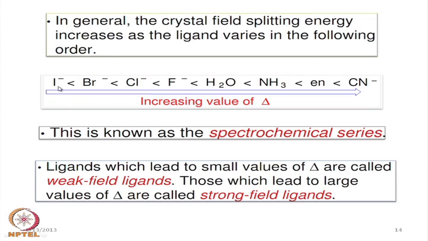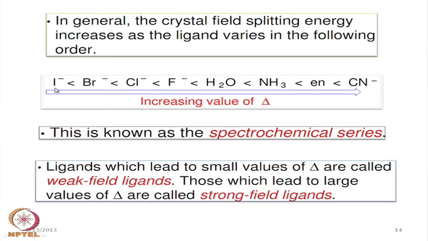On the left hand side we have I minus, Br minus, Cl minus and F minus, which can be considered very weak ligands, leading to small values of delta. Delta increases from left to right.